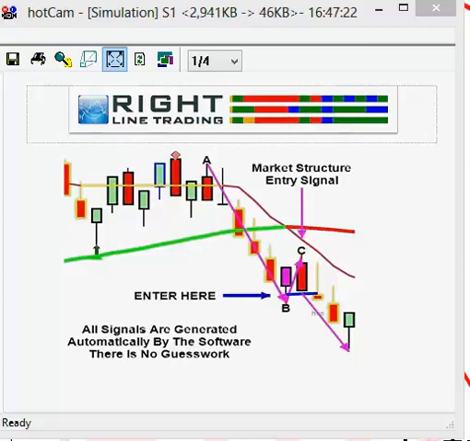And then what we wait for is for all these people to be engulfed by the C. When the B prints, there's an audible alert which tells you that there's a potential for a C to engulf all the people who have taken long positions in B. We wait for that to happen, the C engulfs, and we're in one tick below the close of C. You can see that C came with the 50 down and the modified 15 down.